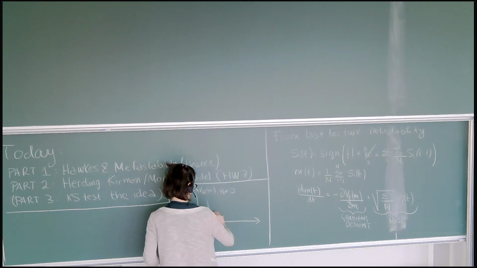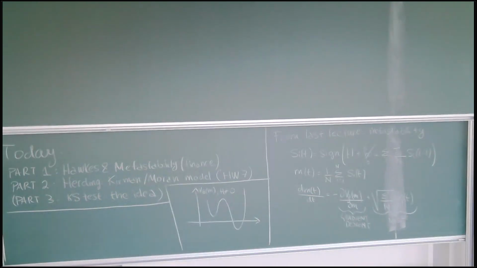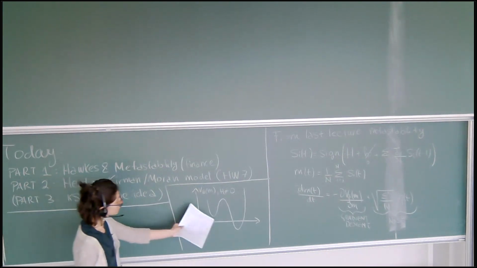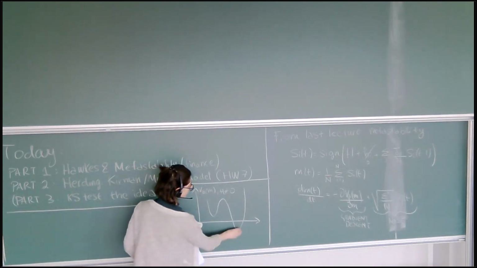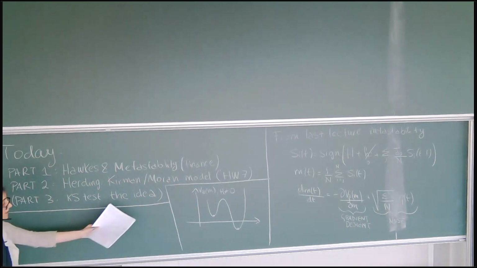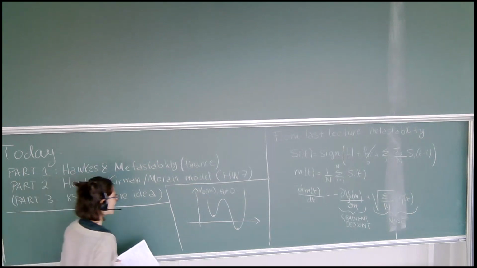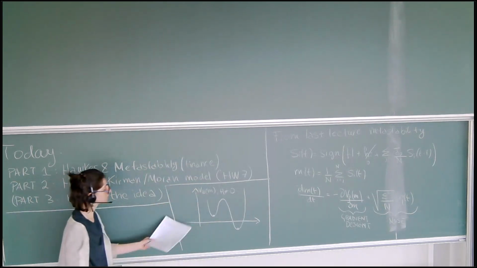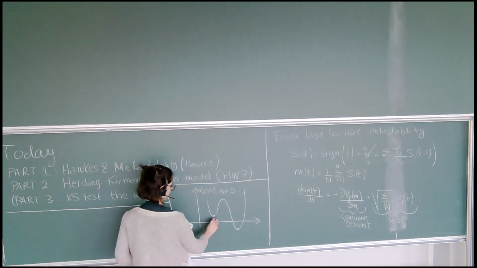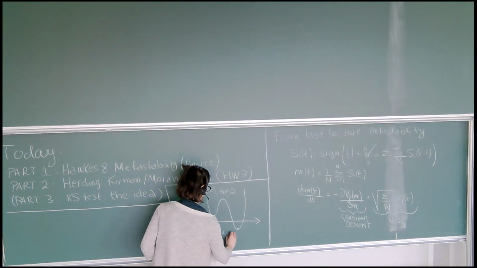It had a shape that was more or less like this, with two minima, one of which is the global minimum in here, and the other one is instead a local minimum, which is suboptimal with respect to the global one. And now what we're going to discuss today is how to interpret this local minimum. So in particular, in our language, this will be a metastable state.